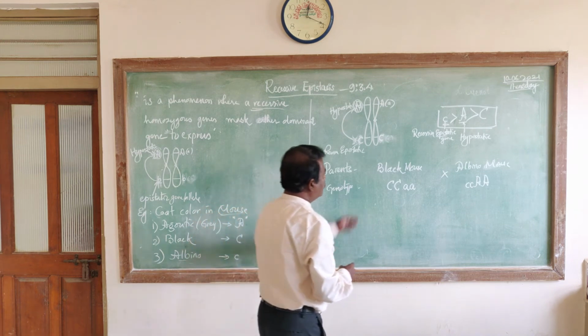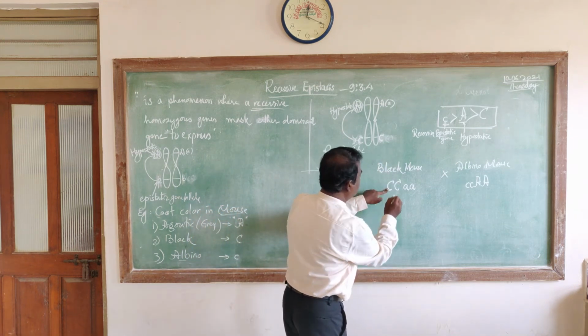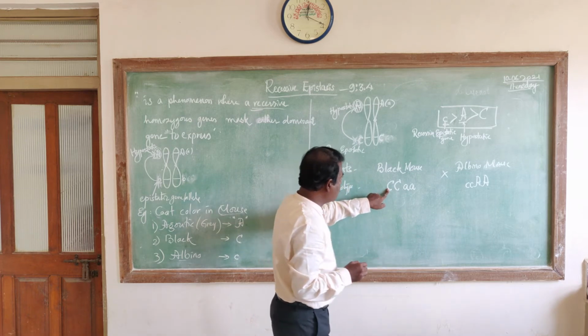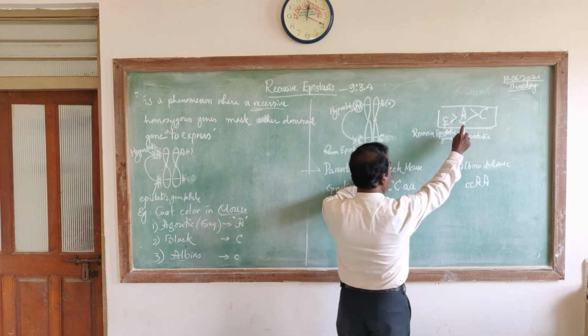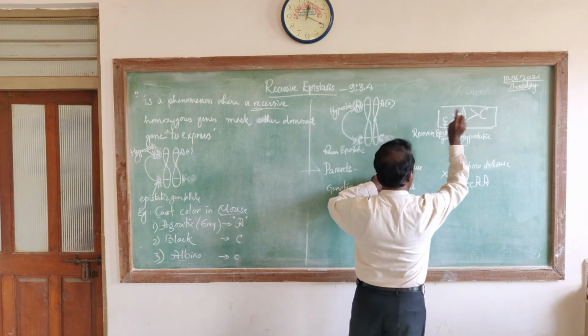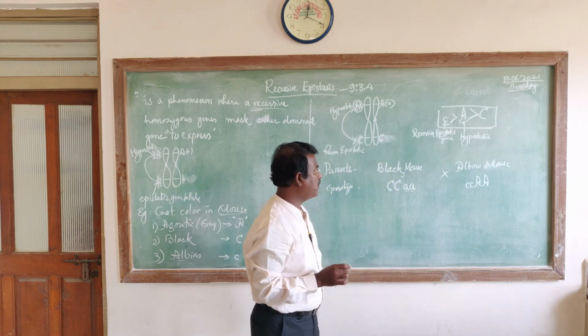Okay, small c. This gene, capital C, is a gene to express black color, but the condition is that the gene for agouti must be in a recessive state. So this is the genotype for a black colored mouse.